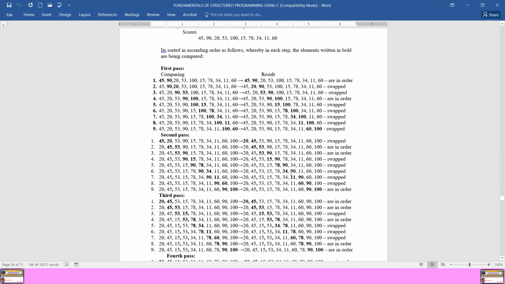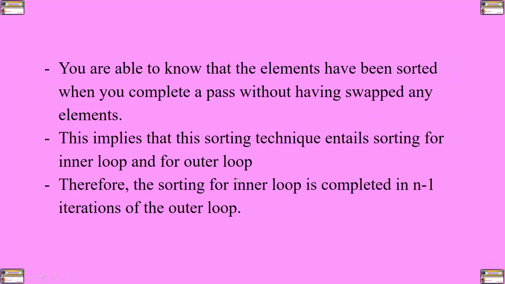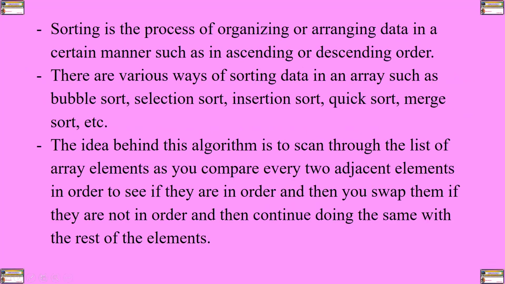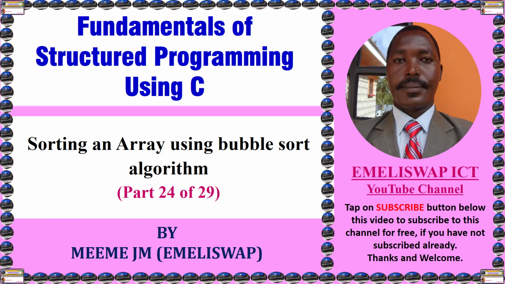Now, if you have this array and you are making use of what we are calling the bubble sort technique, which we have already seen here. Remember, our title is sorting using bubble sort.